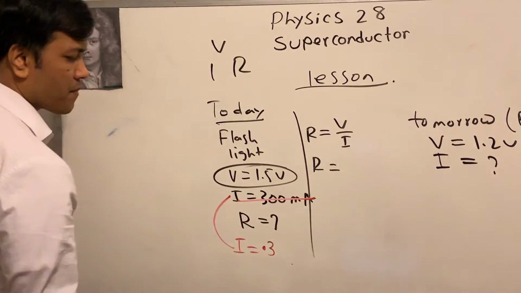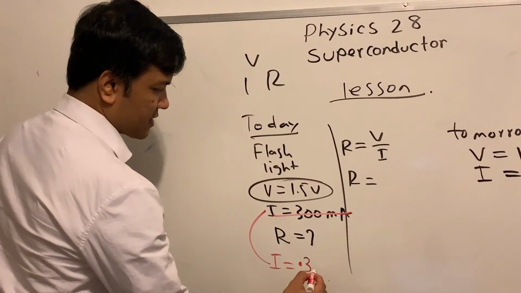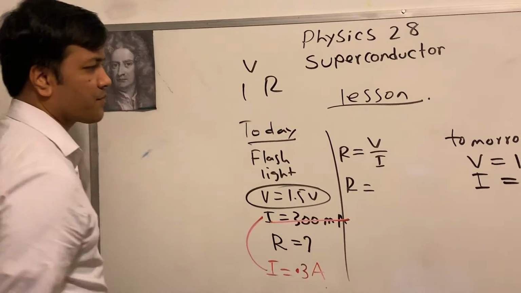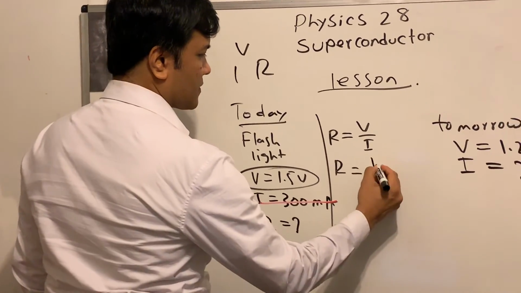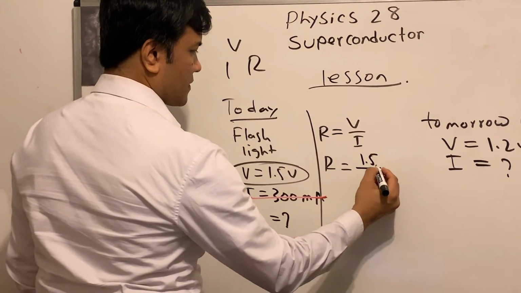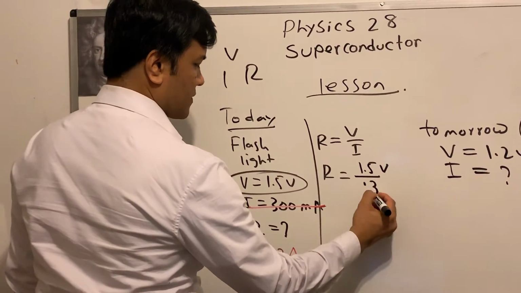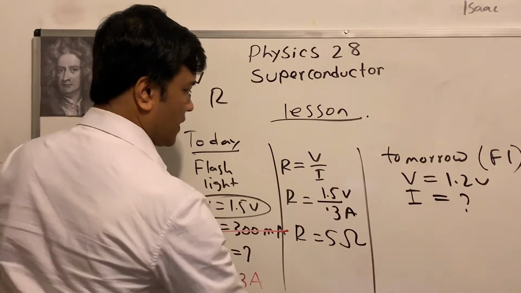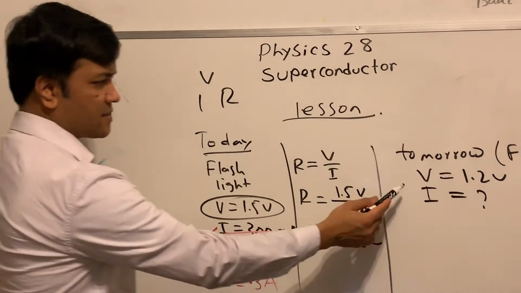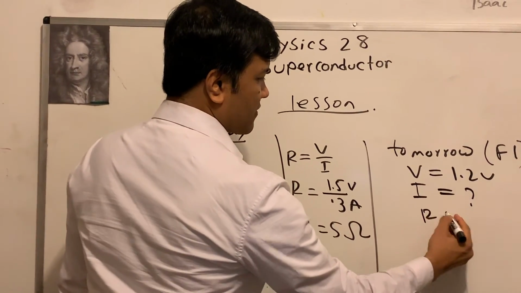So 300 over 1,000 is 0.3 amps. Very good. So 1.5 over 0.3 is just like 15 over 3, which is 5. So R is 5 ohms.